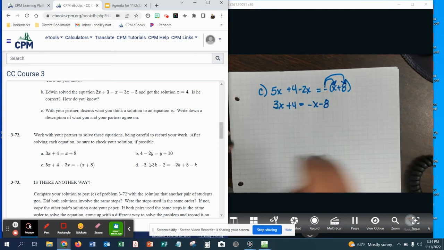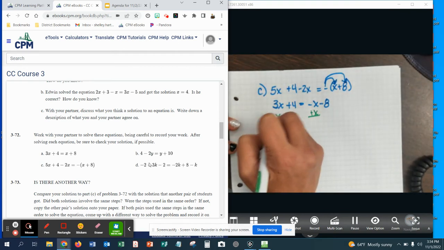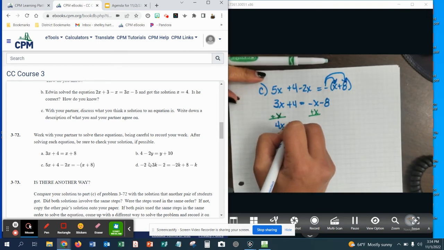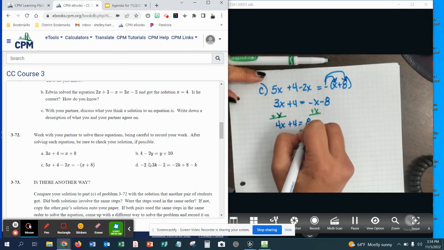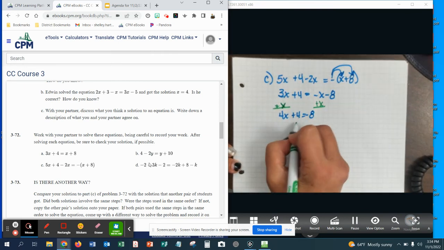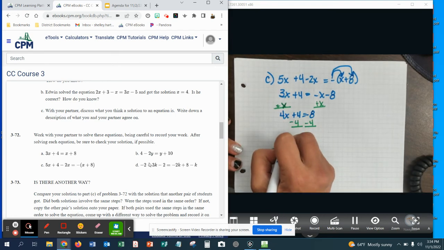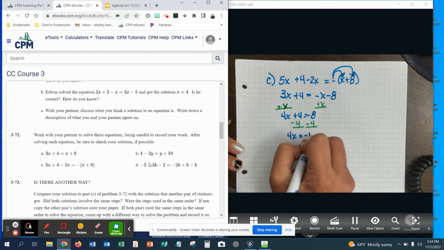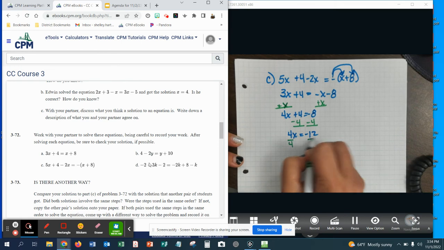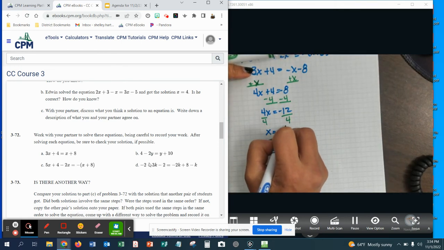I'm going to move this negative x over so it can be positive. So now I have 4x plus 4 equals negative 8. Don't forget that. So I'm going to move this 4 over. Minus 4, minus 4. So now I have 4x equals negative 12. Last thing I'm going to do is divide by 4. So now I have x equals negative 3.